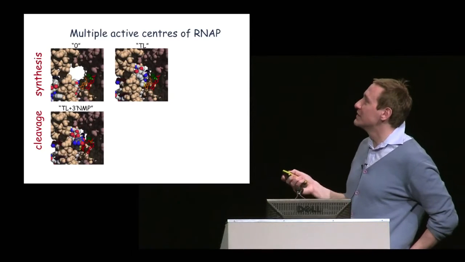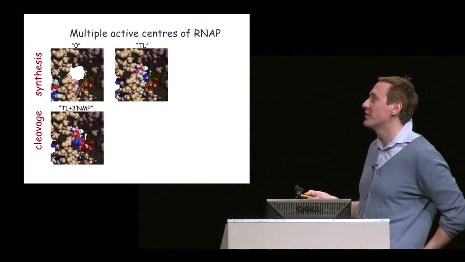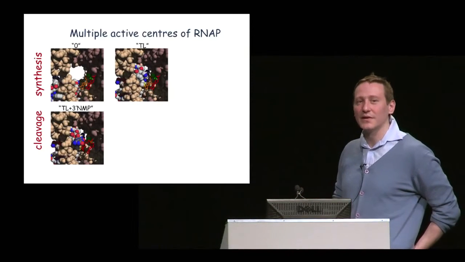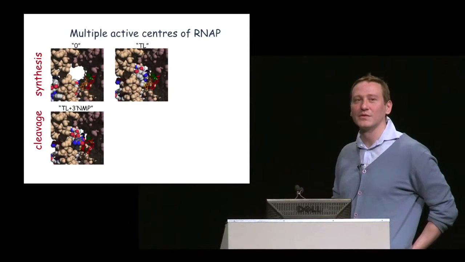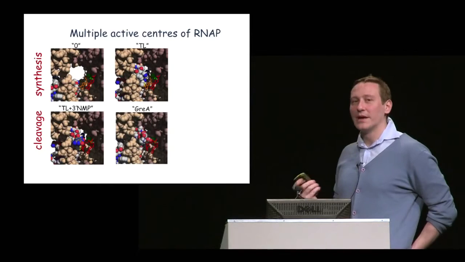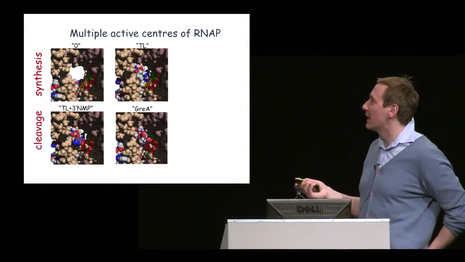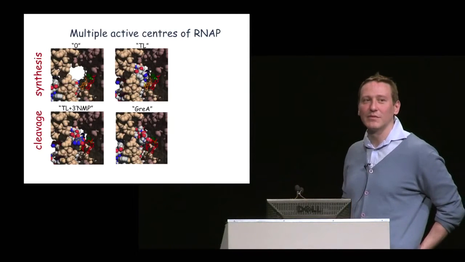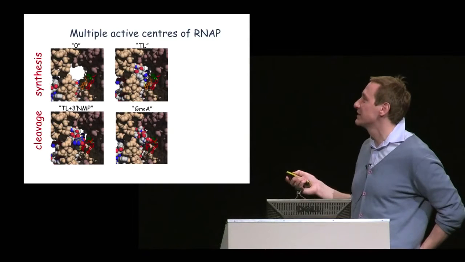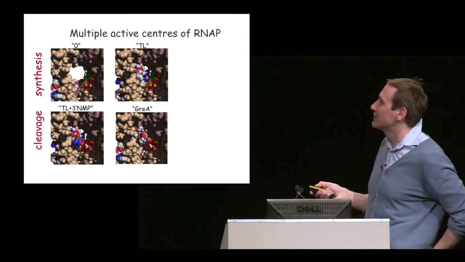We have a composite active center of the trigger loop and 3' end of RNA that is relatively efficient in hydrolysis of RNA, which is very important for resolving backtracked complexes. But because resolving backtracked complexes is so enormously important, RNA polymerase acquired an extra catalytic domain, an extra active center, the GreA active center, and you can see the differences in the amino acid contents there.